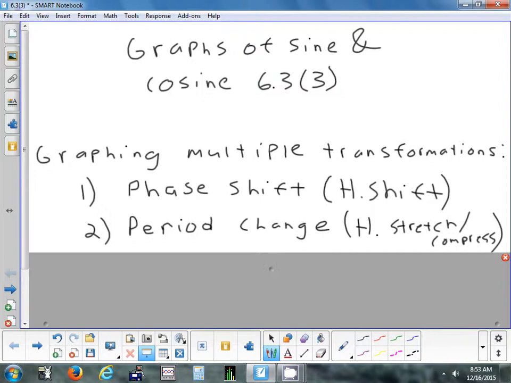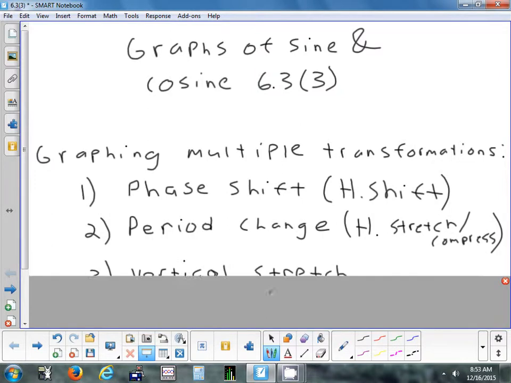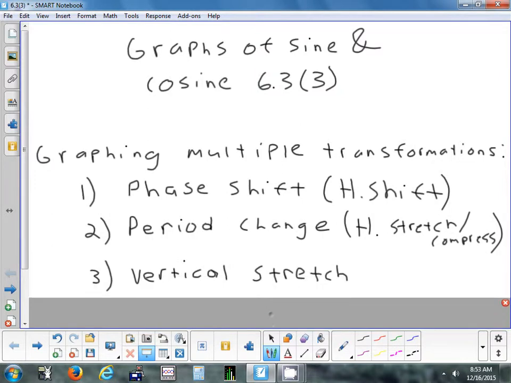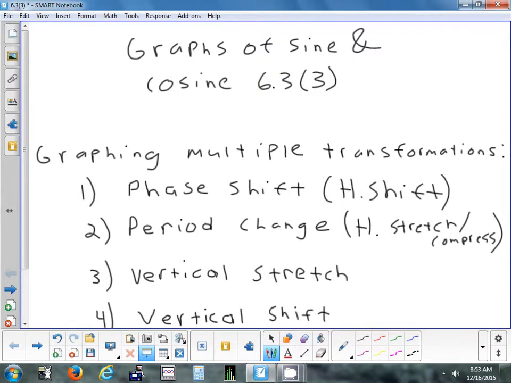Okay, after you do your period change, what would come next? Your vertical shift? No, not the shift, that's going to be last. Yeah, the stretch or the amplitude change. Okay, vertically stretching. And the last thing is your vertical shifts.